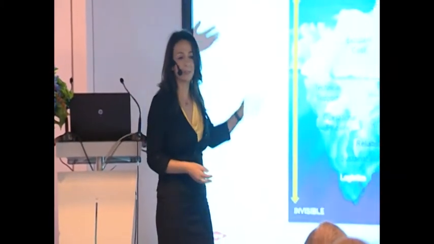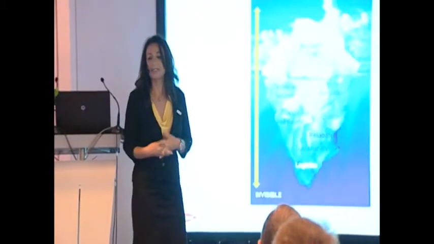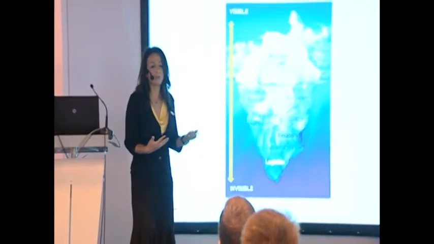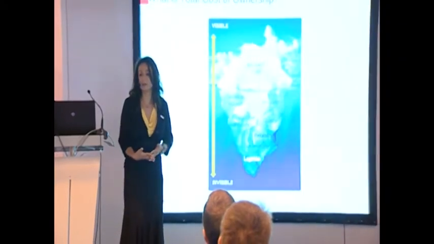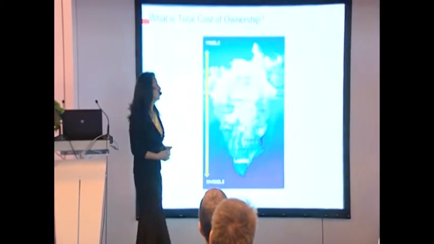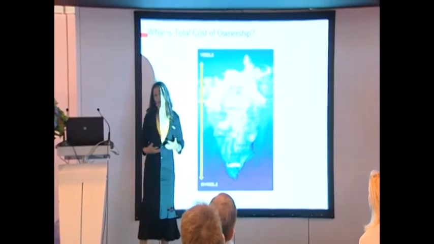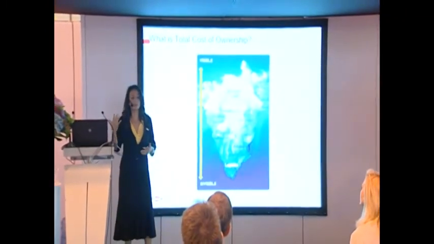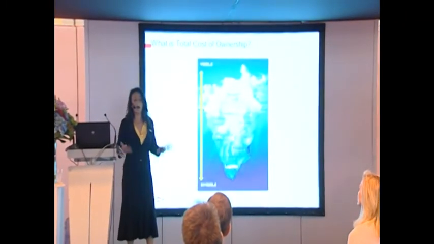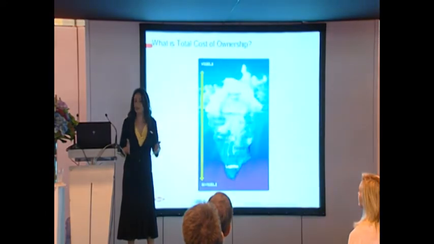This is, I think, a nice way to really talk about total cost of ownership, right? It's a nice representation with this iceberg. And the reason behind it is because we talk about direct and indirect costs, right? Visible and invisible costs. So the factor number one that comes to mind when we talk about excipients is how much does it cost? Which is fair, right?